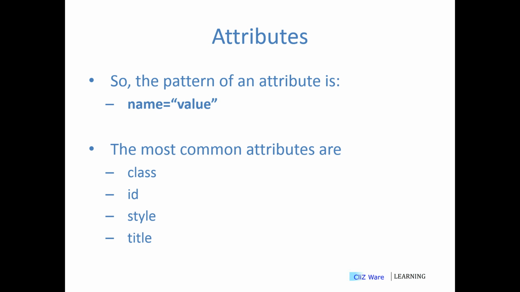I would like to now show you some of the very common attributes. Class is one of them. It specifies what class it is, and this refers to CSS. If you are familiar with CSS, you will understand what class is. In CSS, you can have different classes, like one called blue text and another red text, and then in your tag you specify in the attribute class that it should be equal to blue text.